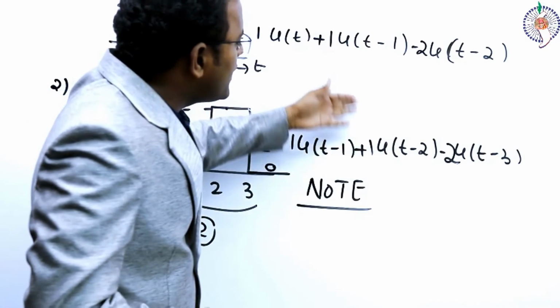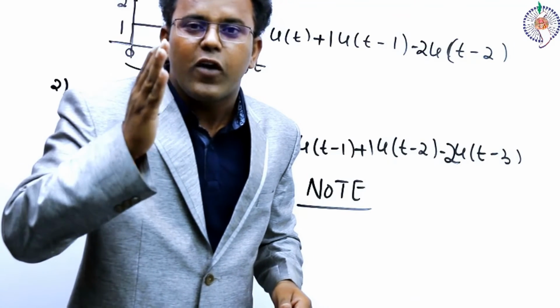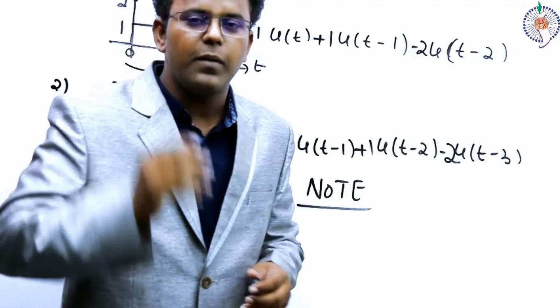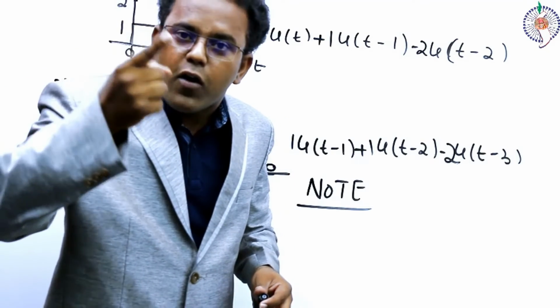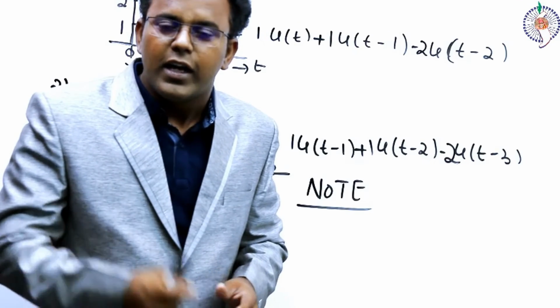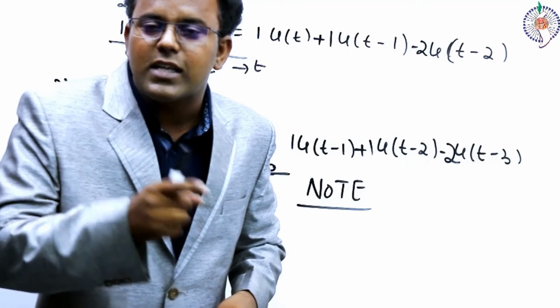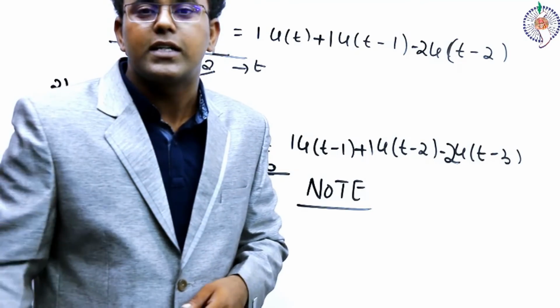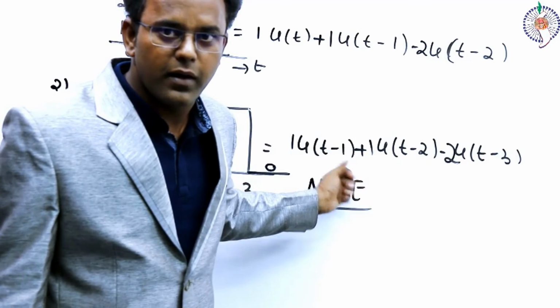Yes, you are getting the value 0. So, if it is a finite time duration signal represented with step signals, the sum of all the coefficients is 0. Or if the sum of the coefficients is 0, the given signal is a finite time duration signal in the step signal representation. Remember.